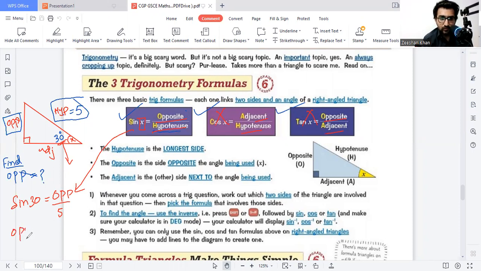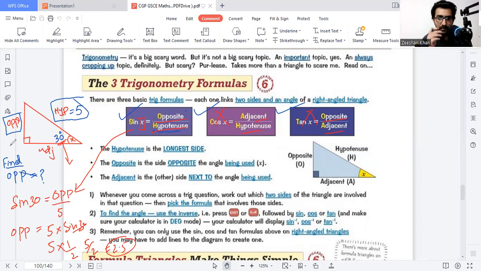So opposite will be equal to 5 times sine 30. And sine 30 is equal to 1 by 2. So 5 multiplied by 1 by 2 would be 5 by 2, or 2.5. So it means opposite is 2.5.